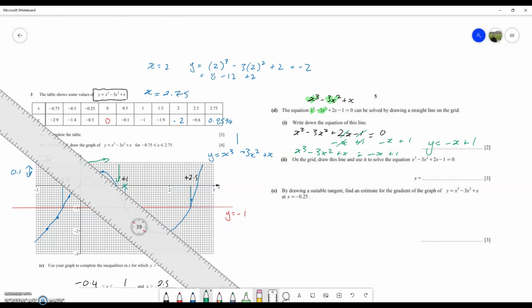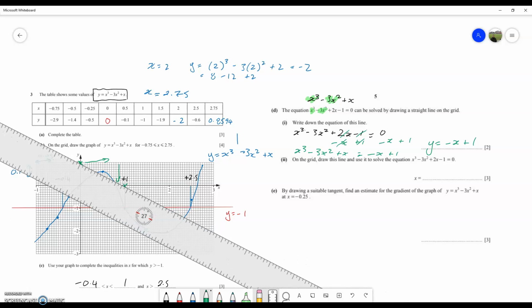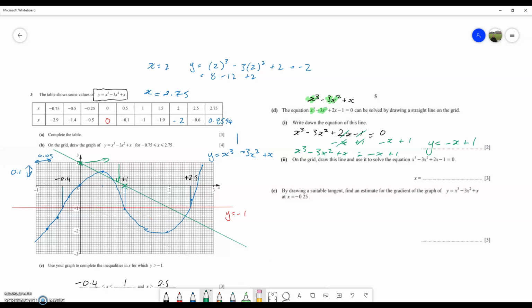Get our ruler, try and line up the points. The computer doesn't always make it easy to be able to do that. Draw our line, making sure we extend it through, making sure that we try to get the line to go through the points, and then we can get rid of our graph again. We can see that there's an intersection point here.